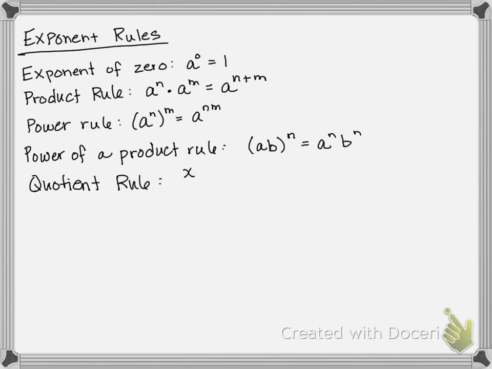I have x to the n over x to the m. In the denominator, if I cancel out m factors of x, all the factors of x are gone in the denominator. And then in the numerator, I have x to the n minus m. The result of the quotient rule always goes in the numerator. Always, no matter what the sign is.